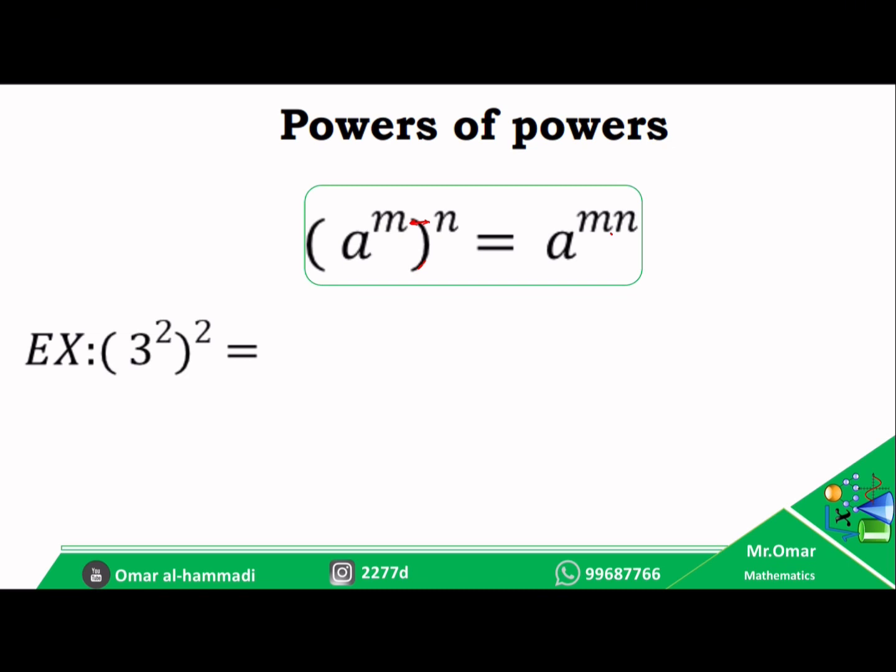So we just have to multiply 2 by 2. It will be equal to 3 to the power 4. Again, y to the power 2, all to the power 3. We have to multiply. It will give us y to the power 6. Please be careful here. We don't add them, but we multiply them.